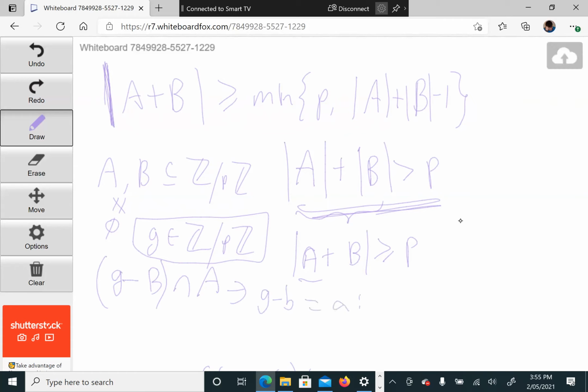So then G is equal to A plus B. So for any G in that set, it is the sum of an A and B. Therefore, A plus B has to be the whole set, because the set of capital A plus capital B is just the set of all things of the form A plus B. So if any G is of that form, then Z mod PZ is a subset of A plus B. So any G in here is also in here.